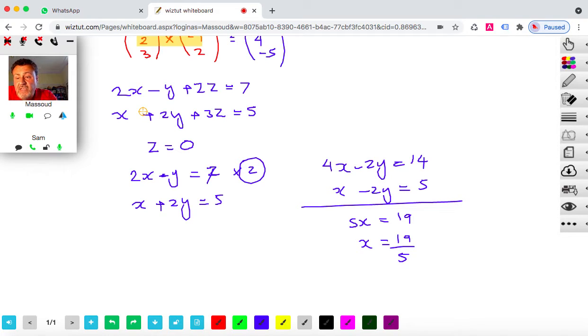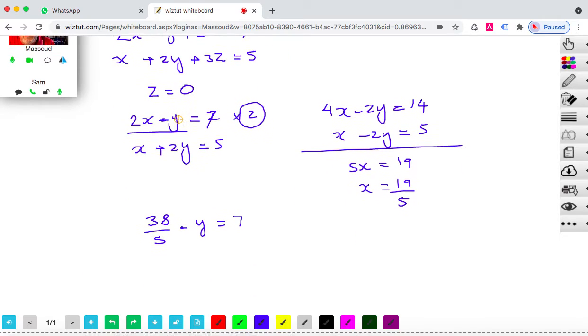Since we've got x and we now have z, we can go and find y. Why don't I just use this first equation to find y? Two x's would be 38 over 5, minus y is equal to 7.